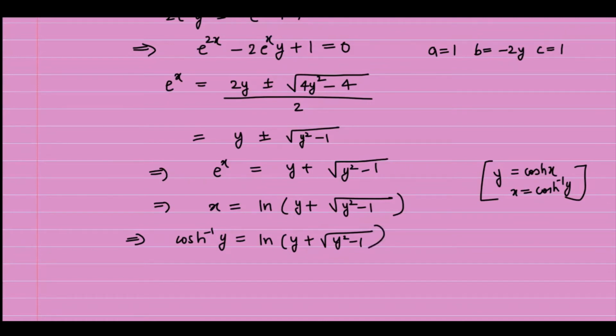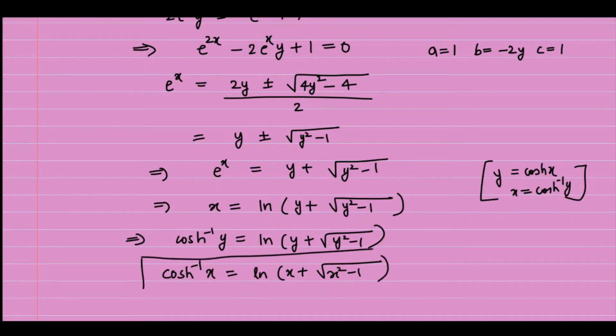So we got an expression for the inverse hyperbolic function in terms of logarithm. We can replace y by x and we have the formula cosh inverse of x is equal to natural logarithm of x plus square root of x square minus 1. So we derived this formula.